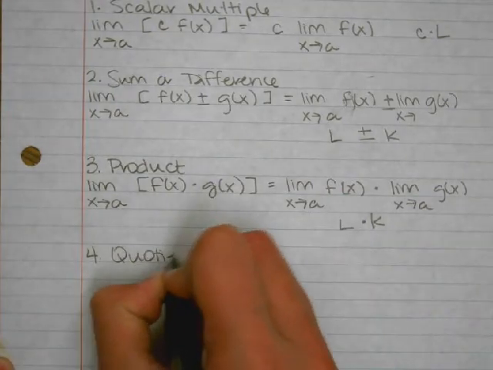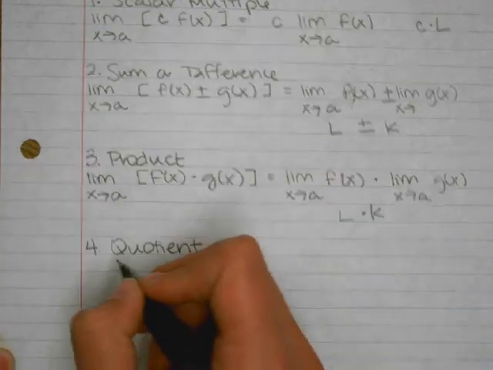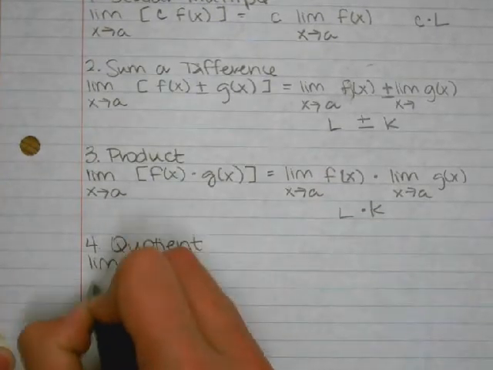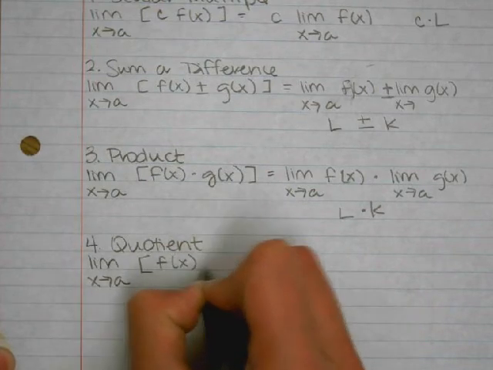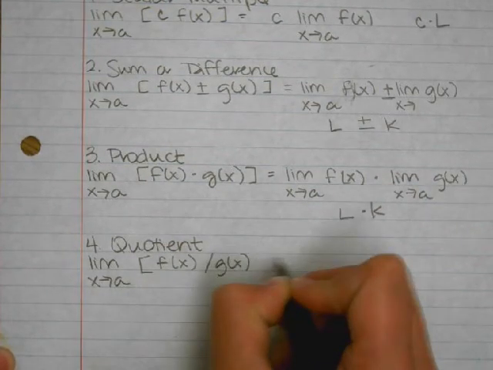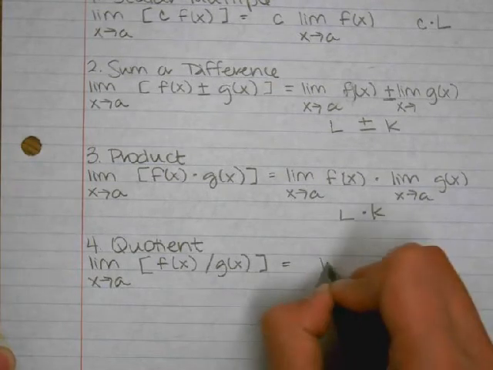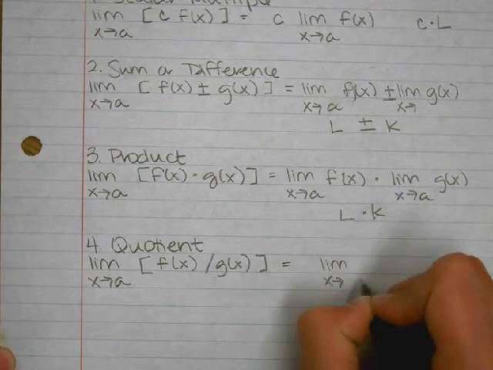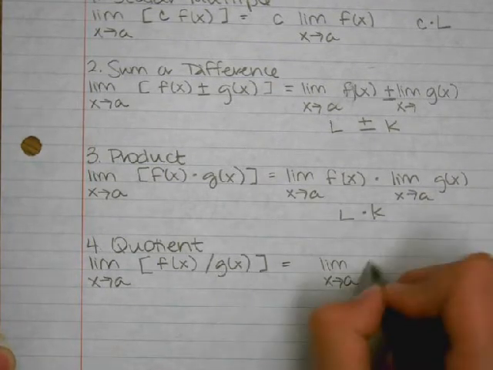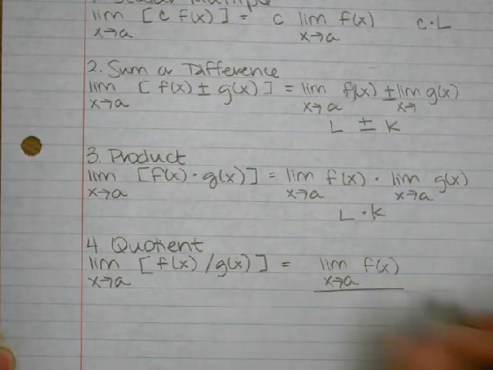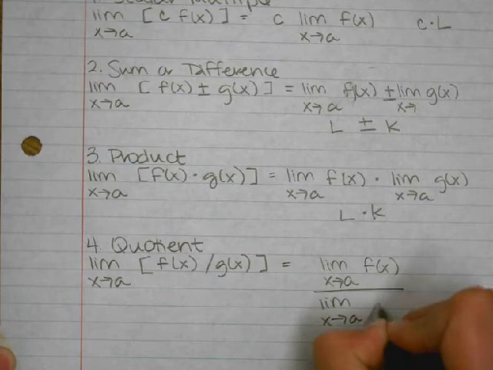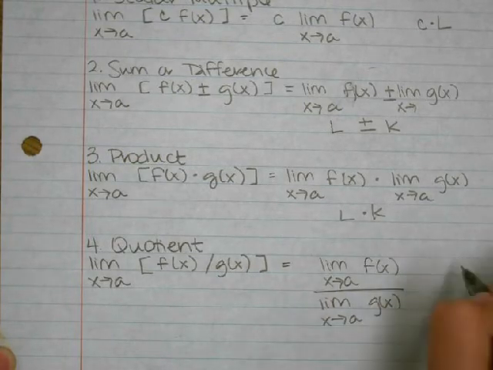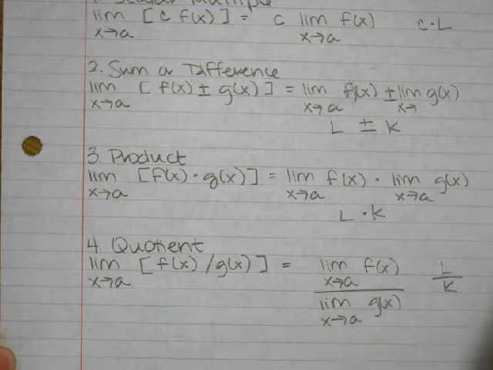Next is the quotient. If we have the limit as x approaches a of f of x divided by g of x, then that's exactly the same as taking the limit as x approaches a of f of x and dividing it by the limit as x approaches a of g of x, which would be the same as doing L divided by k.